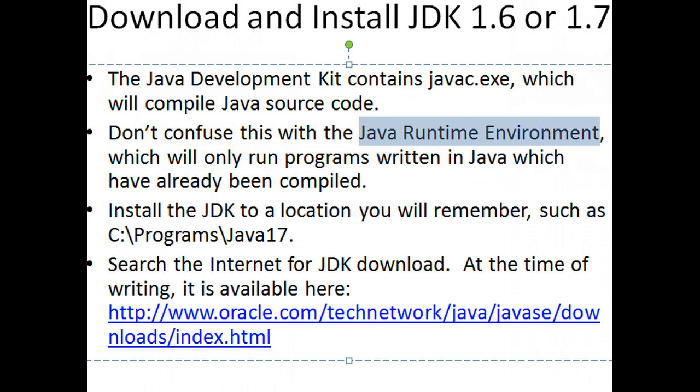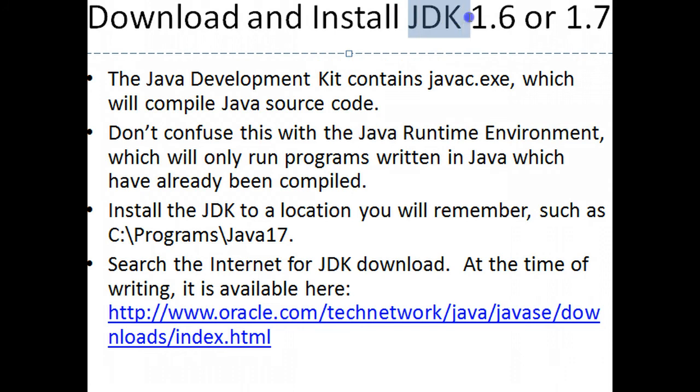Java Runtime Environment is what users need to run Java programs. And I stress, run Java programs. But we're not running Java programs, we're building Java programs, and so we need this development kit. So be very specific. If you're telling somebody to install something on your computer, be sure that if you're going to be writing programs, you tell them to install the Java Development Kit.